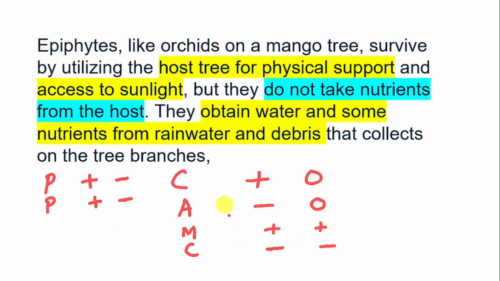So these are the 6 different relationships between organisms that you have to learn, and accordingly you will have to classify them as commensalism, amensalism, mutualism, then C for competition, P for predation, and P for parasitism.